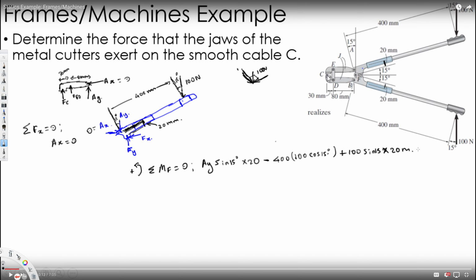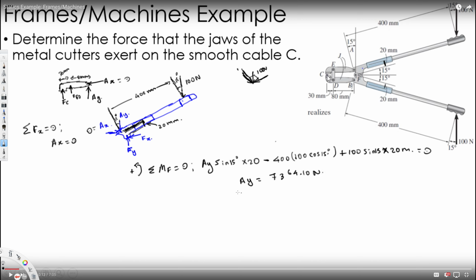So we got everything right, it's equal to 0, and if you solve for Ay, you will get 7364.10 Newton. So this is the value for Ay.